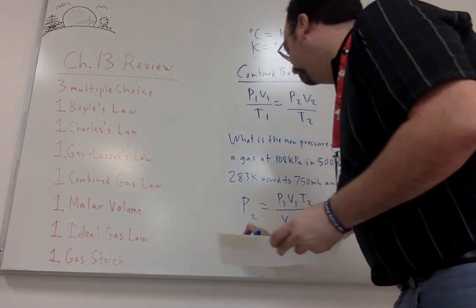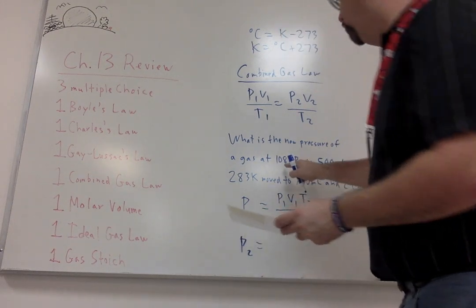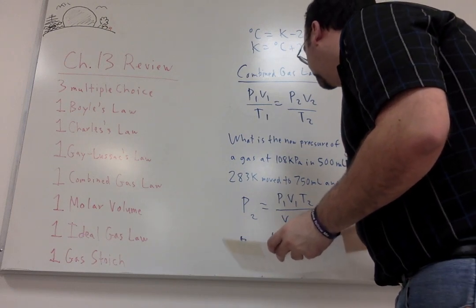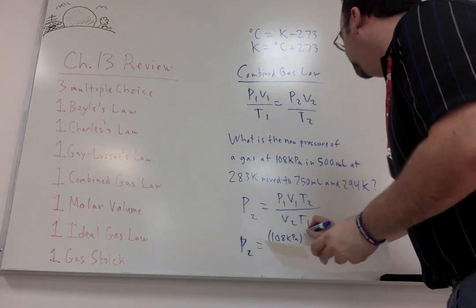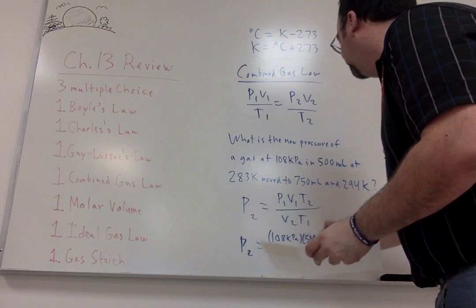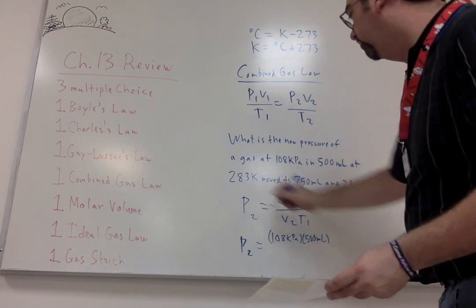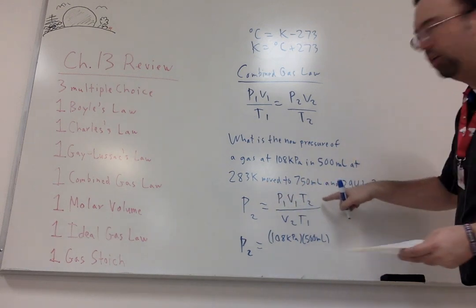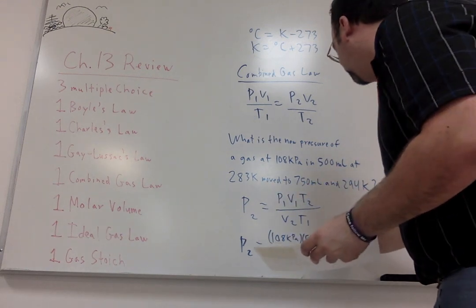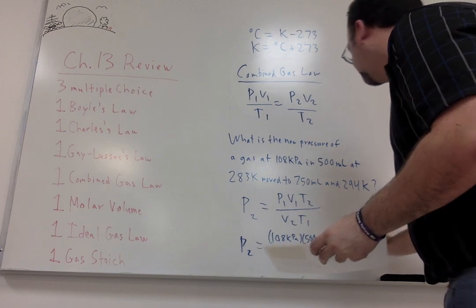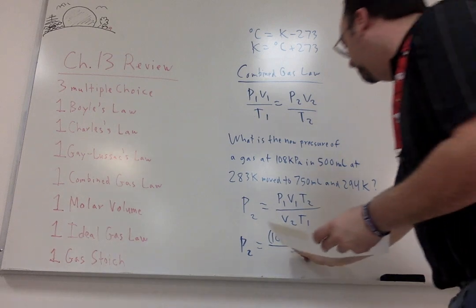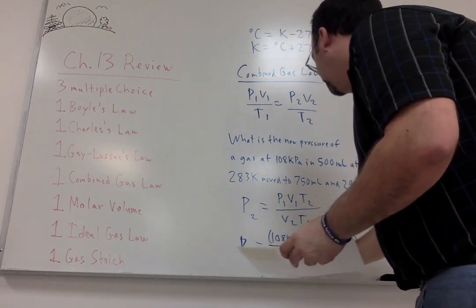So P2: our initial pressure is 108 kilopascals. Our initial volume is 500 mils. Our initial temperature was 283. The new temperature is 294 K. The second volume, the new volume, is 750 mil.